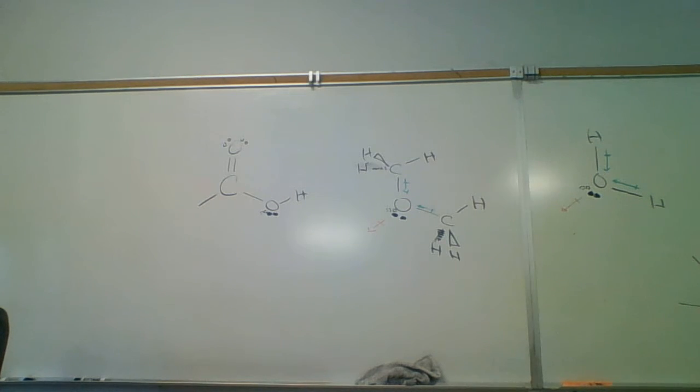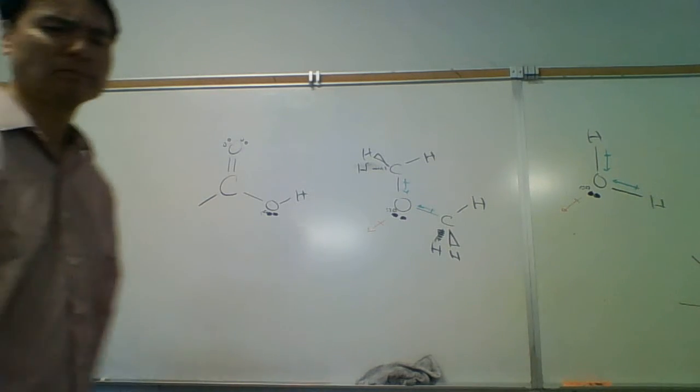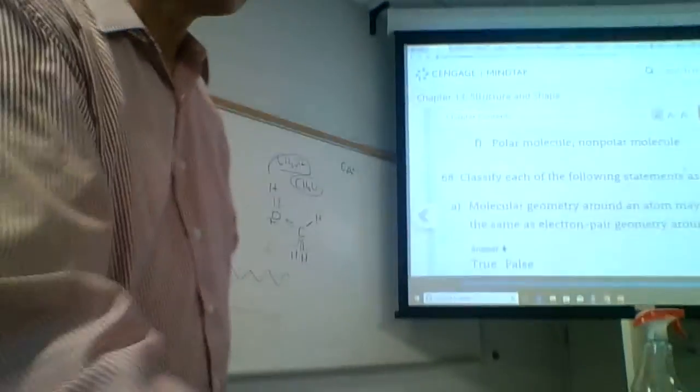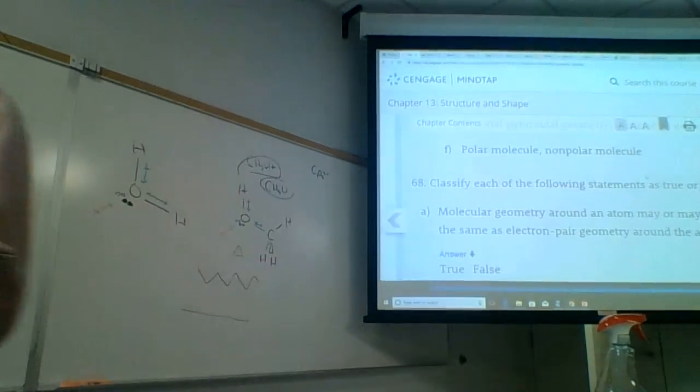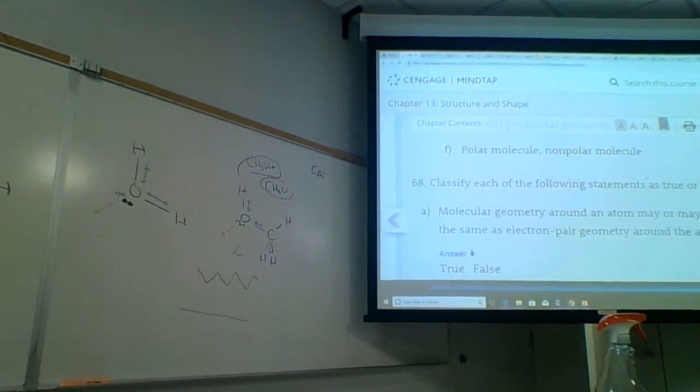Polar means unequal charge distribution, unequal electron cloud, that kind of thing, over the entire molecule. Non-polar means it's symmetric. There's no net dipole. A polar molecule will have a net dipole, non-polar will have no net dipole.